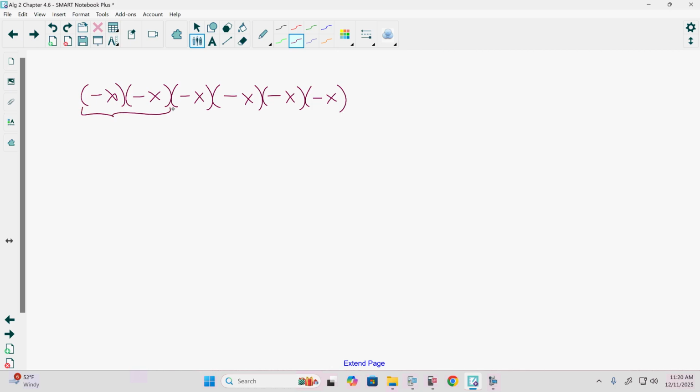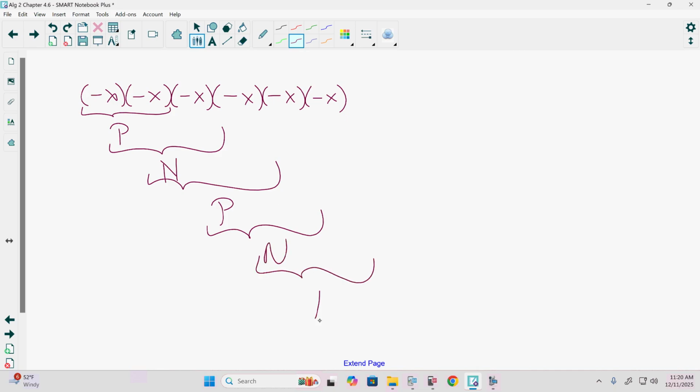Well, negative x times negative x, a negative times a negative is a positive. If I multiply this positive by our next negative x, it becomes negative. Do it again, it becomes negative and then positive.